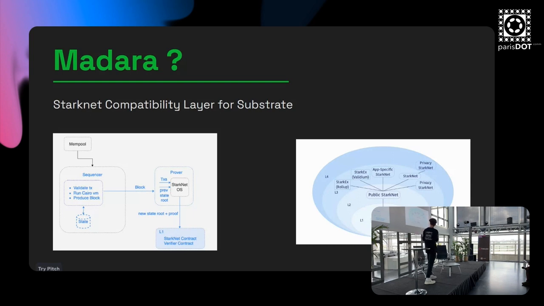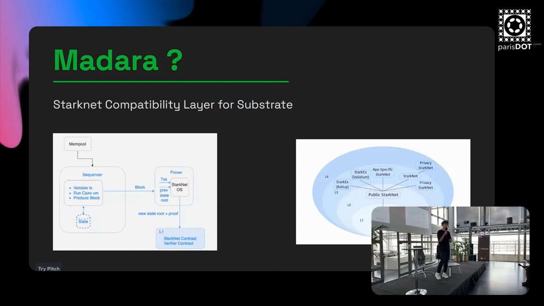Okay, so this is a bit about the architecture of Madara. So you have the transaction pool. All the transactions go in the transaction pool first. Then the sequencer, which is Madara in our case, picks up the transaction, validates the transaction, so basically the signature, then runs the transaction within the Cairo VM and produces a block.